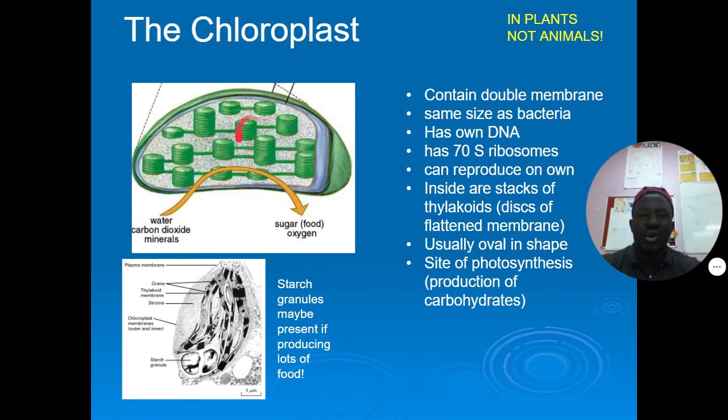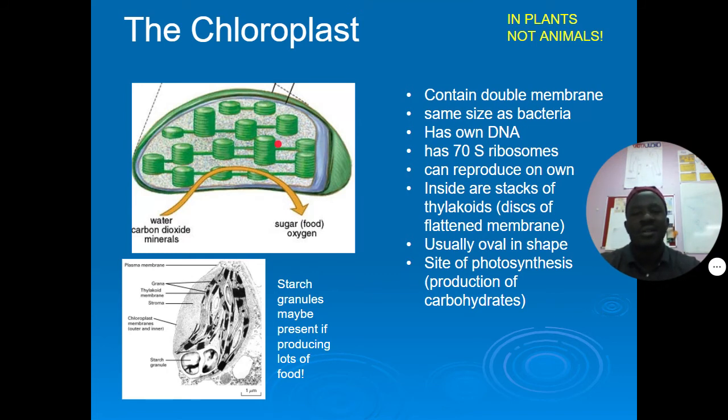There is a mutual understanding between the plant cell and the chloroplast to live together. You stay, we benefit from each other. You stay in me and produce food and energy for me, and I'll give you support. So a plant cell provides support.